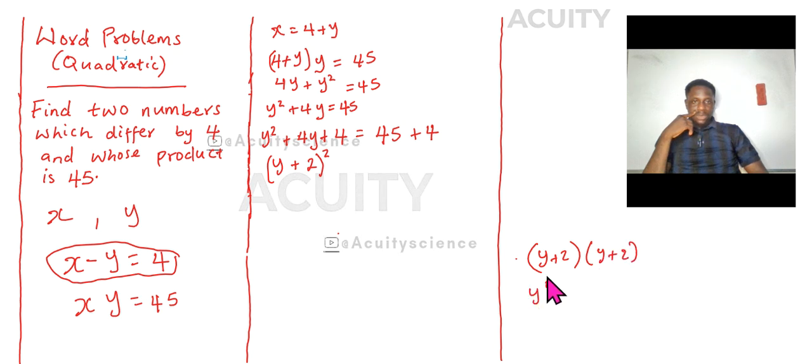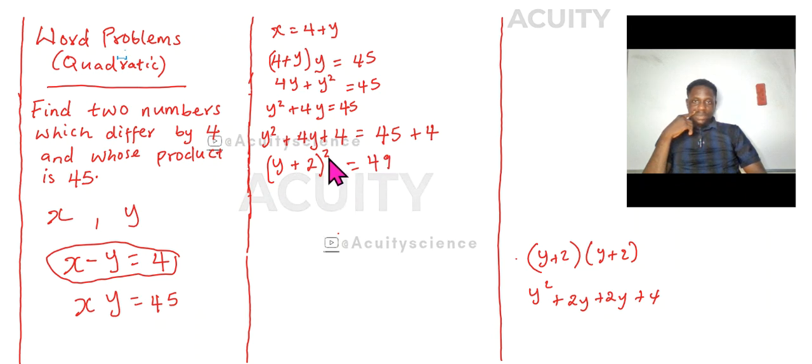We have y squared for y times y, and y times 2, you have 2y, and 2 times y, you have 2y, and 2 times 2, you have 4. So this is the same thing as this, because 2y plus 2y is 4. Alright, so equals 49 on this side.